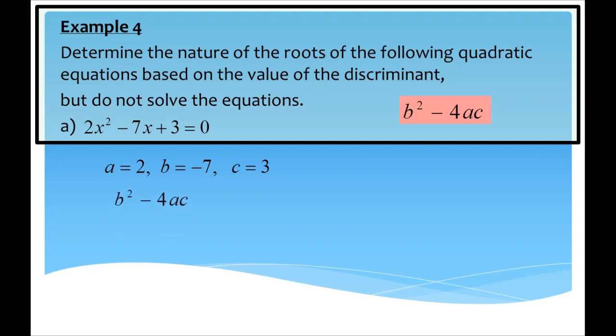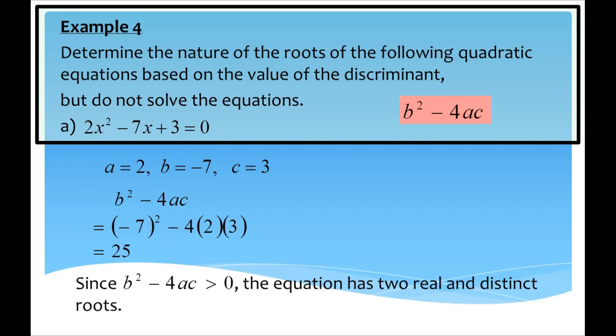Substitute into discriminant formula, b squared minus 4ac, we will get 25. 25 is positive, right? That means our conclusion is, since b squared minus 4ac is greater than 0, the equation has two real and distinct roots.